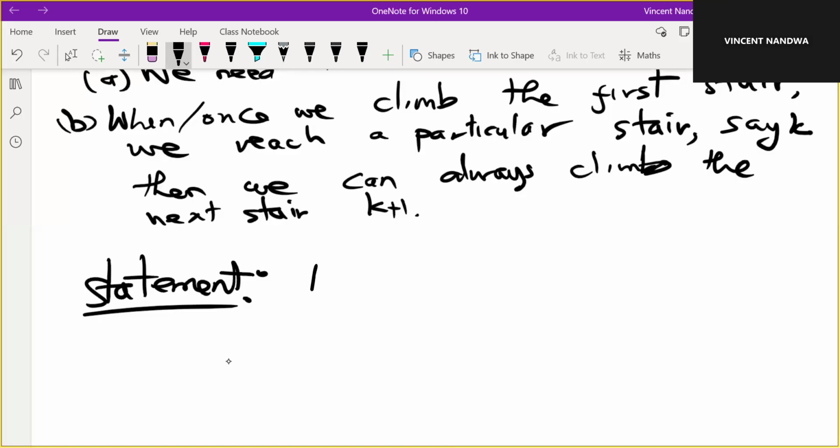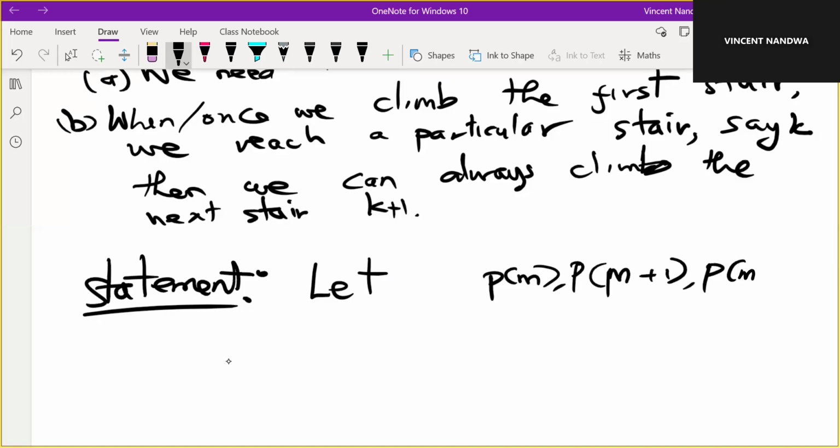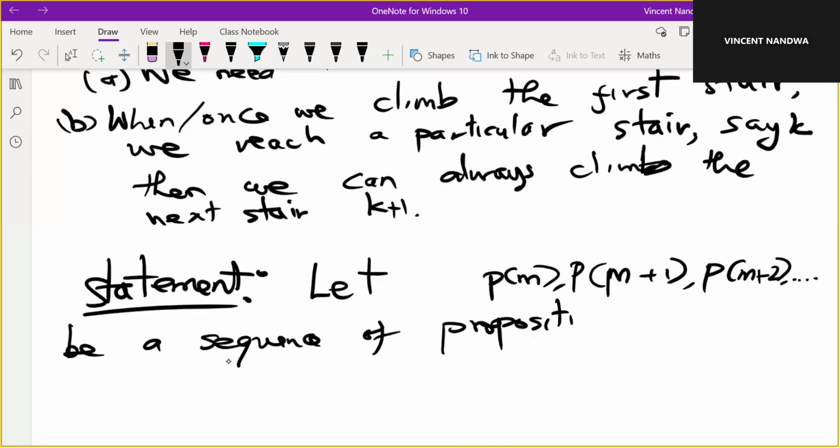Let P of M, P of M plus 1, then P of M plus 2, etc. be a sequence of propositions. So let's have propositions P of M, P of M plus 1, P of M plus 2, etc.